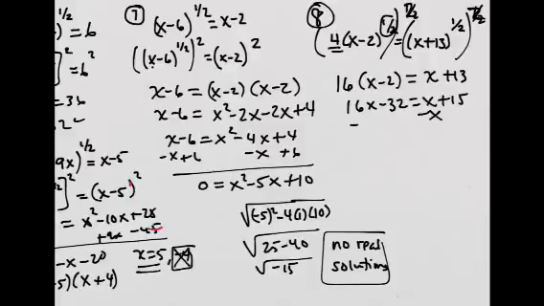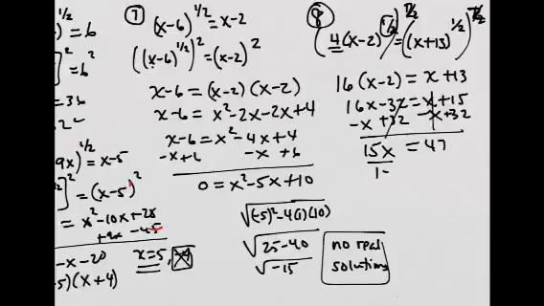So distribute the 16. 16x minus 32 equals x plus 13. Subtract the x. Add the 32. And so you get 15x equals 47. Divide by 15. And so x is 47 over 15.